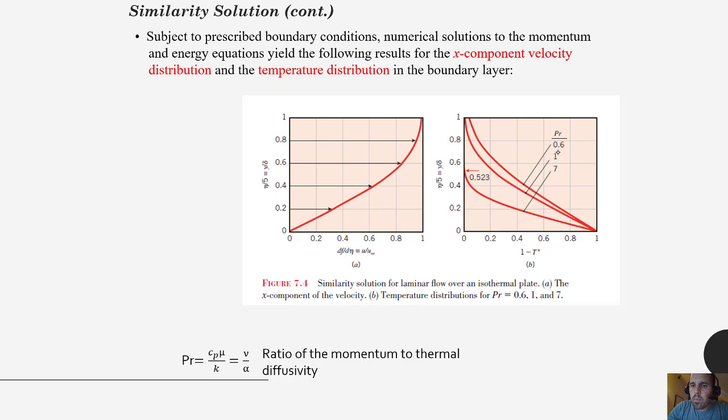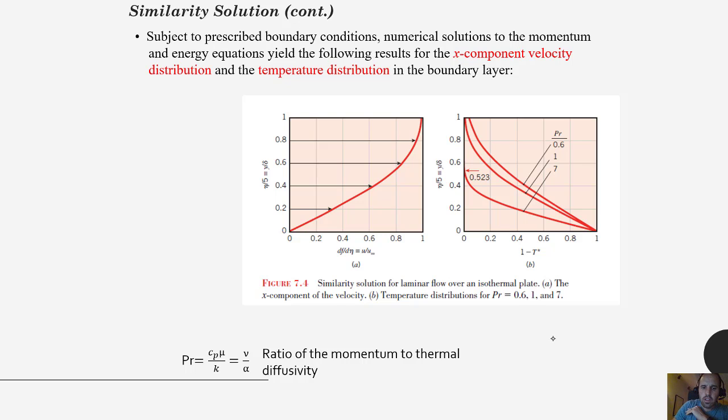If our Prandtl number is 1, if you remember that correlation, then we get delta, the velocity boundary layer thickness, over delta t equal to 1, meaning that momentum and heat diffuse through our fluid at essentially the same rate. So our boundary layer thicknesses are going to be the same.